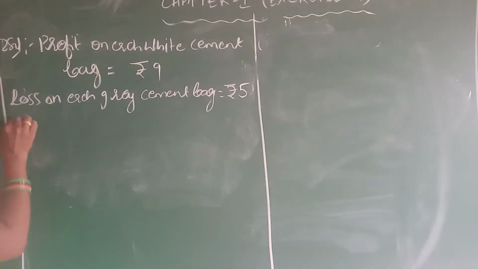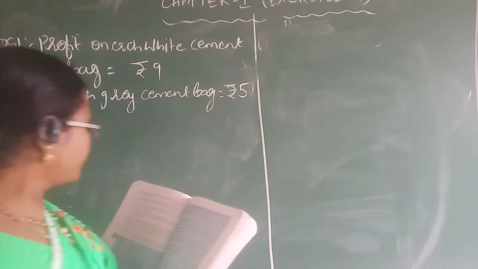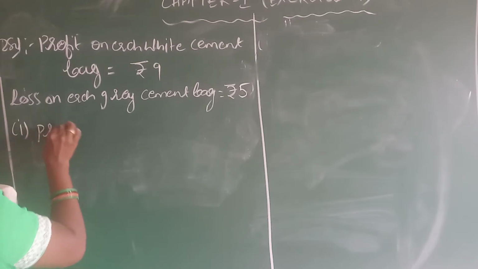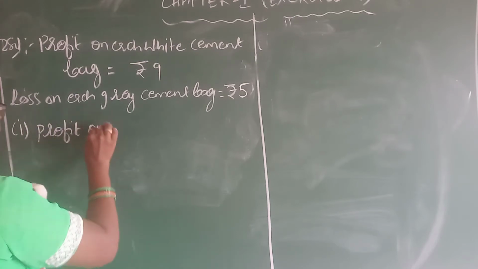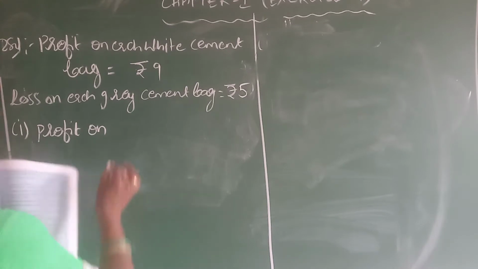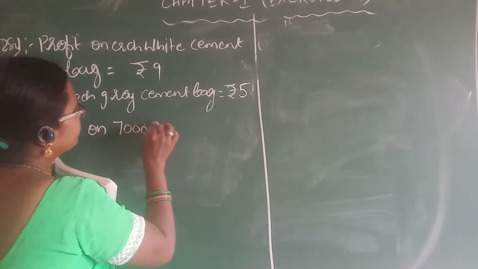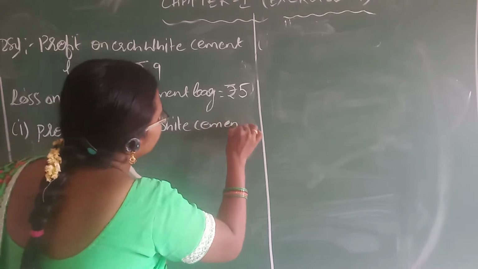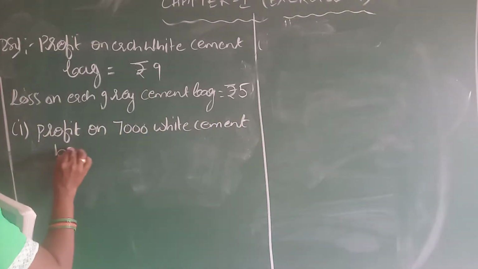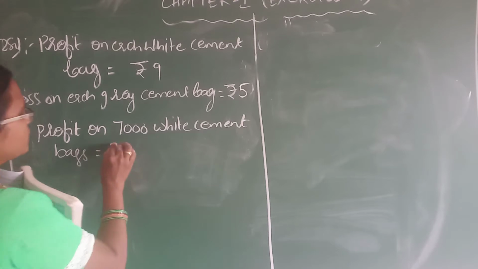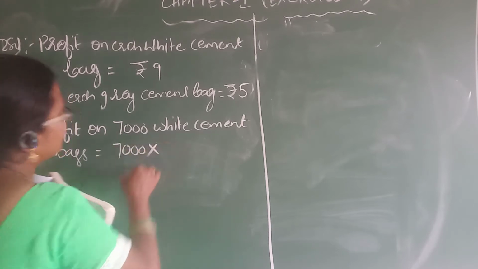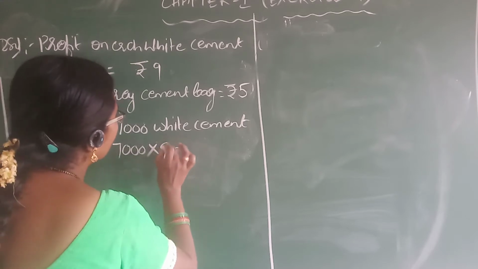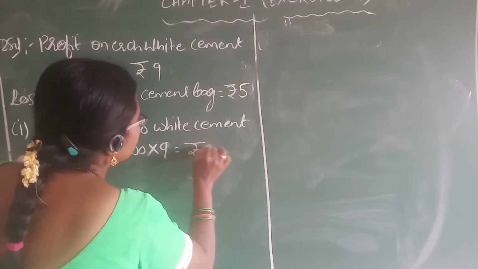So now, the company sold profit on 7,000 white cement bags is equal to 7,000 into how much they are getting? 9 rupees. So it is equal to rupees 63,000.